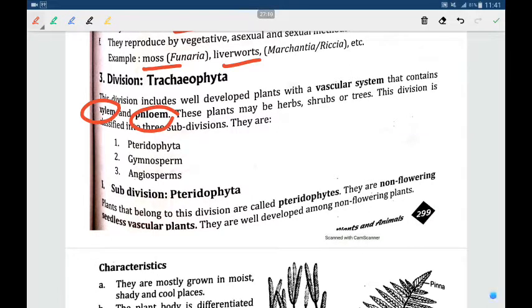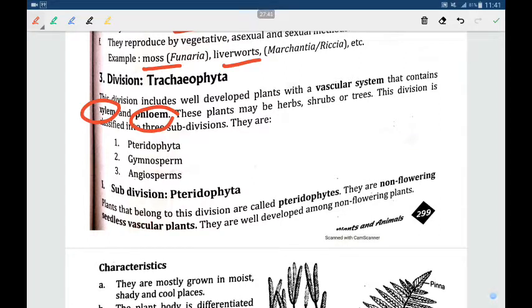What does it mean? These are various things in a plant. Xylem transports water, phloem transports food. Those plants which contain xylem and phloem are kept under Tracheophyta.